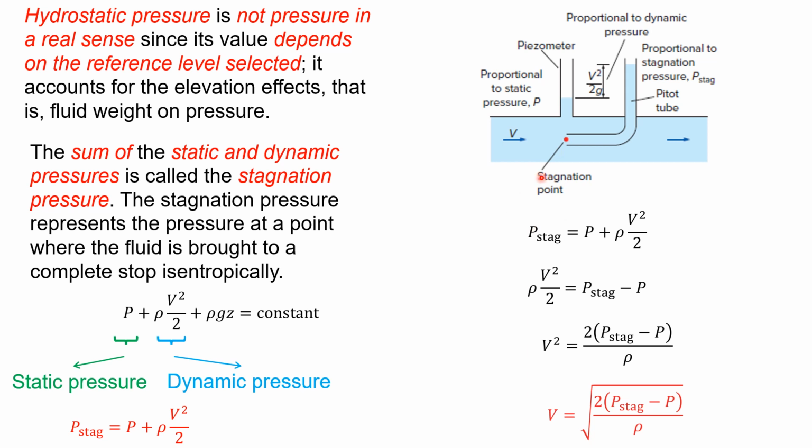That's why aircraft, submarines, or boats have a pitot tube and also a piezometer to measure. This is the formula we get from Bernoulli's equation. Once you rearrange it, velocity can be calculated as the square root of 2 times stagnation pressure minus pressure, over rho. So you can get the velocity at this point.